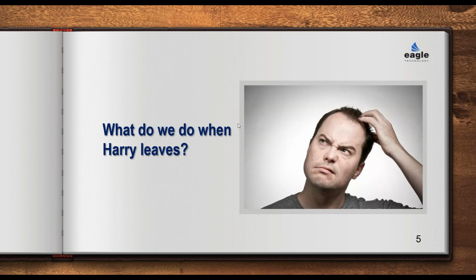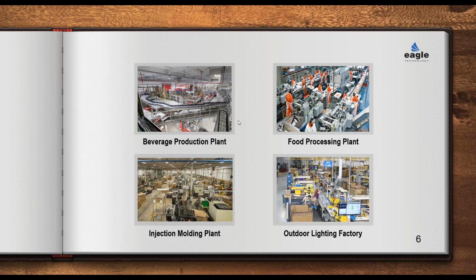Today, we have all sorts of complex processes in place, whether we're an injection molding plant or a lighting factory or a food processing plant, or we produce beverages or auto parts or whatever it is. We have very complex operations going on, and the people who maintain our production facilities have a lot of knowledge and experience associated with perhaps custom machinery that we have or specific models of machinery that we run.